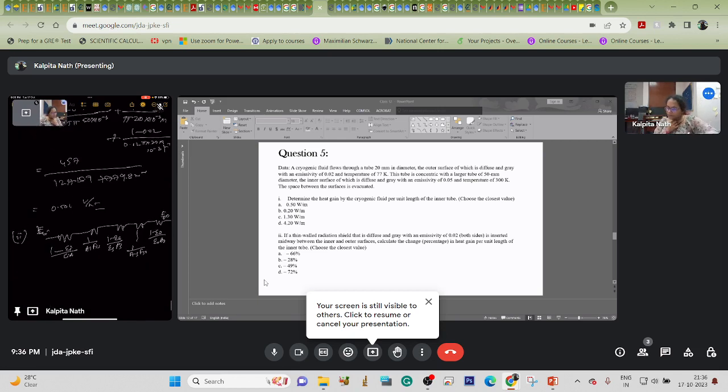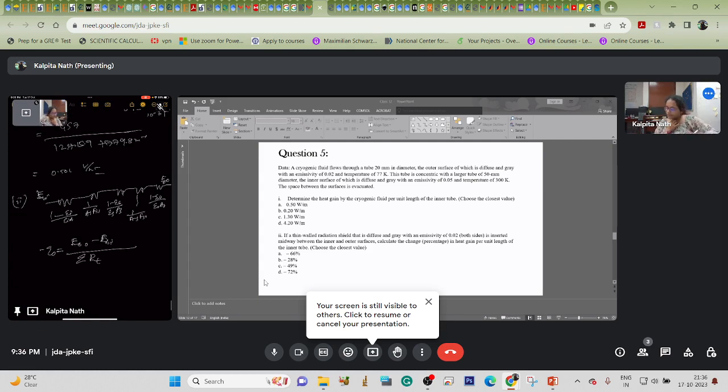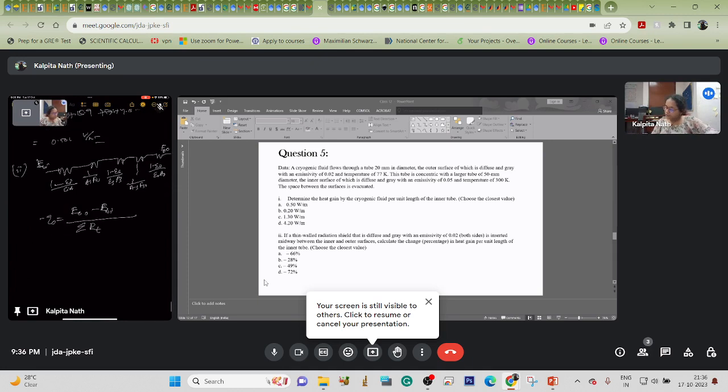Now this will be E_b0 minus E_bi over the summation of R_T. F_IS and F_S0 are equal to 1, that is for sure, it's already given.